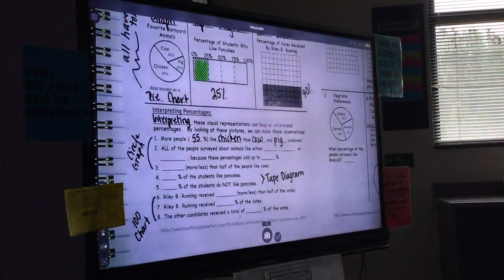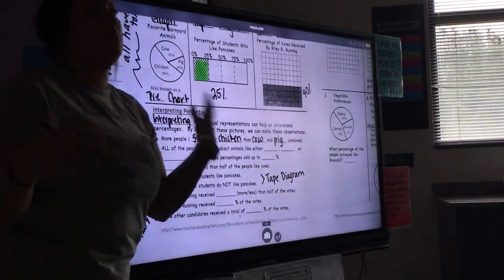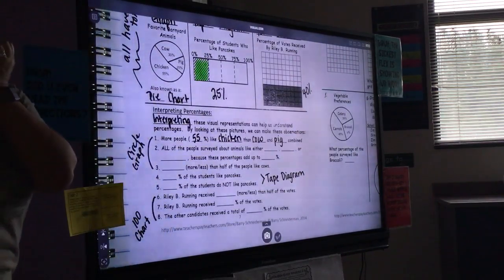And how do you know that? What do you do to figure that out, other than obviously look at your pie chart and see that the section is bigger? How do you know that the chicken is more than the cow and the pig combined? Angel? The percent.